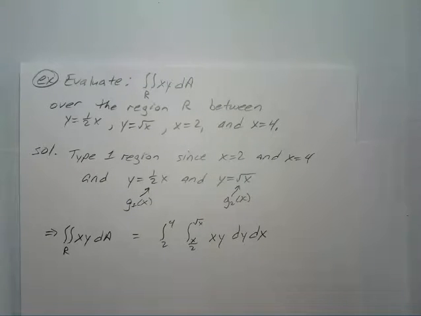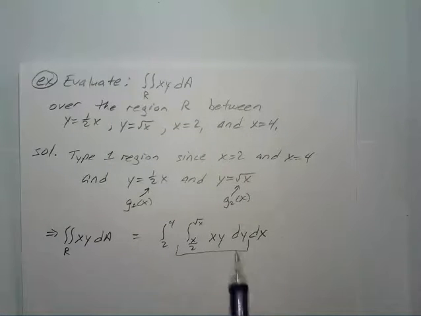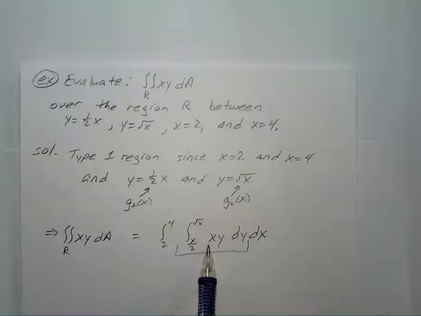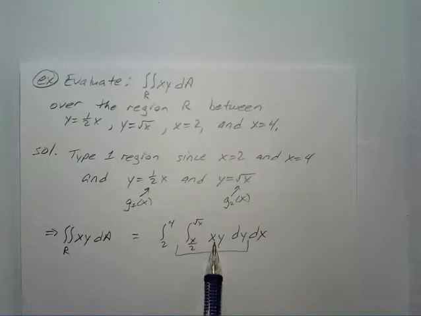Okay, so just like before, we are going to start in the middle and integrate our way towards the outside. All right, so first thing you have to do is find our integral with respect to y. Remember that x is considered a constant. So I'm just going to go ahead and start this down here.